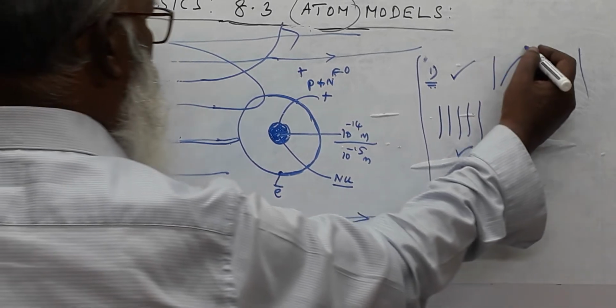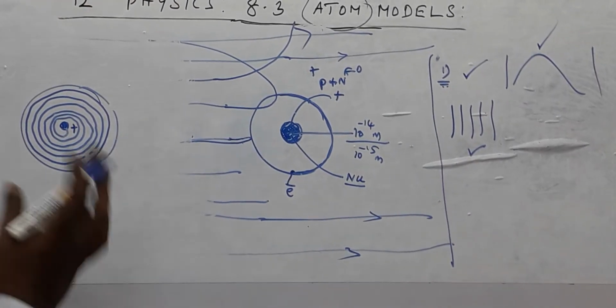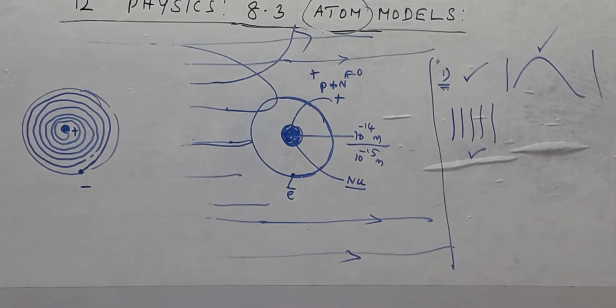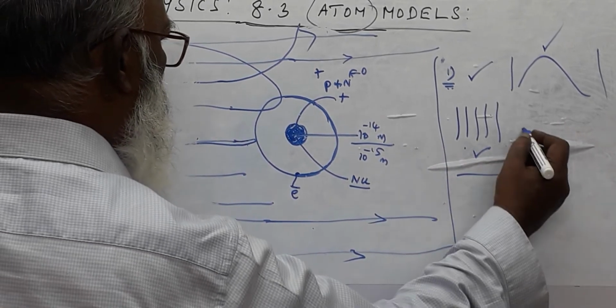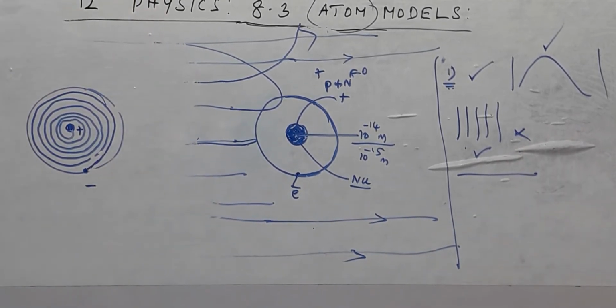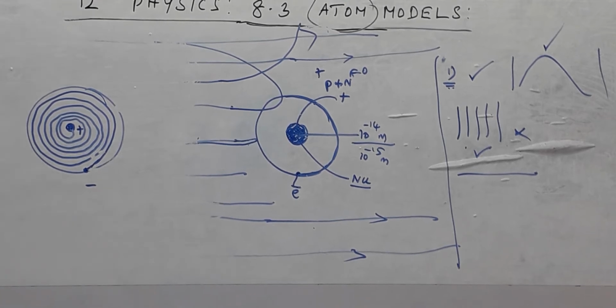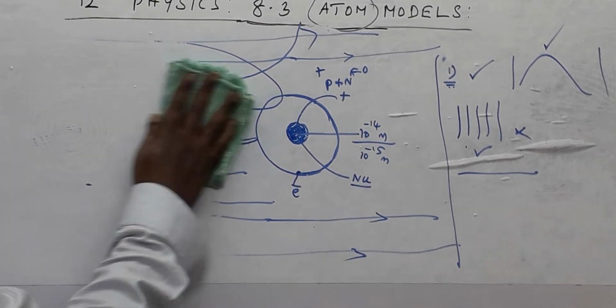So as per the Rutherford atom model, we get only continuous spectra instead of line spectra. That's why this atom model was not accepted. That's a very important concept to understand about the Rutherford atom model.